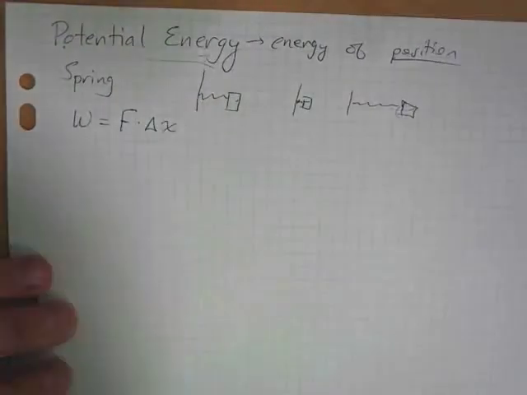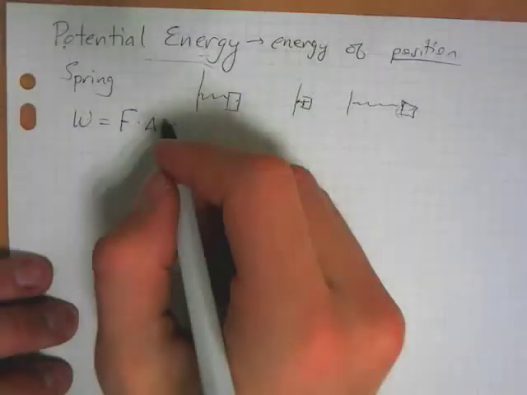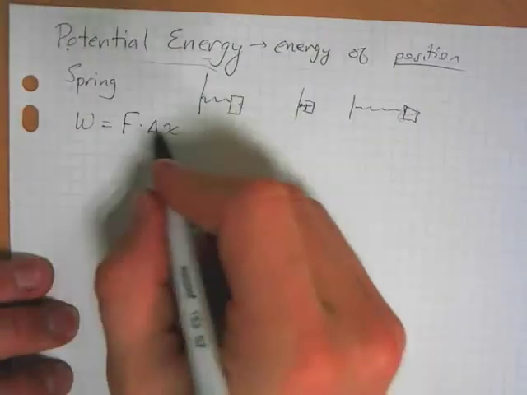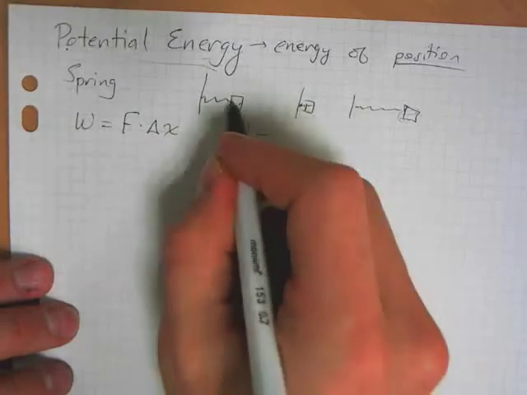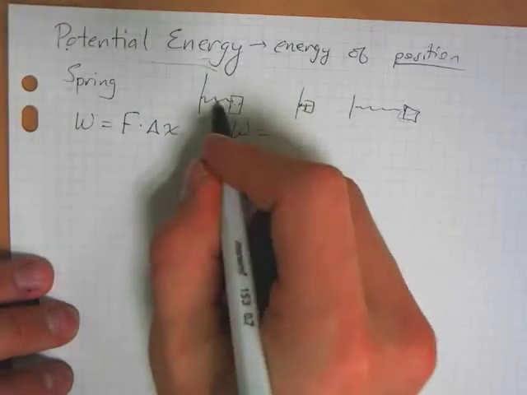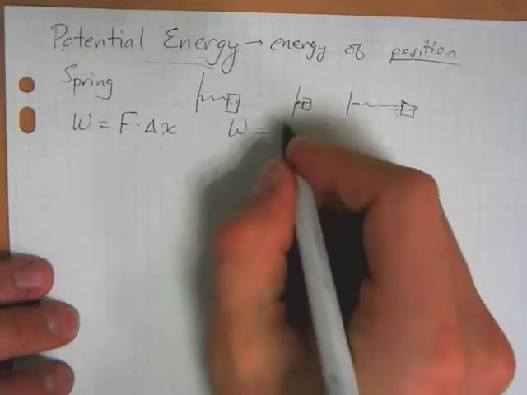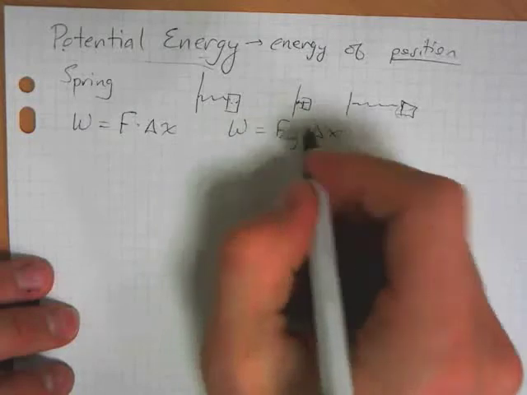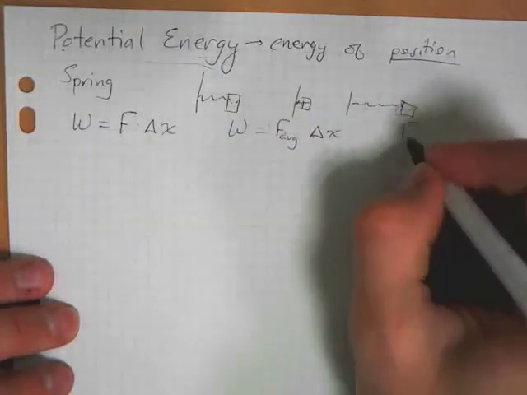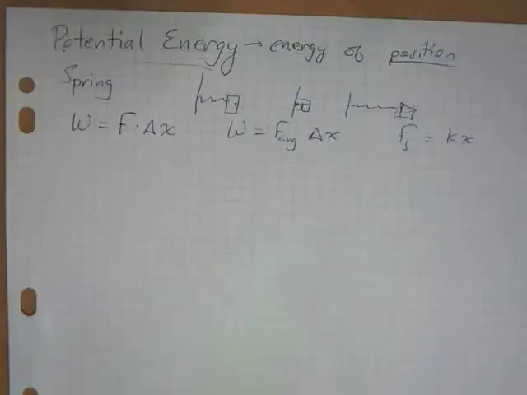Okay, so the work you do to compress a spring is equal to the displacement times the average force. Okay, and we know that spring force is kx, or minus k delta x, sorry.